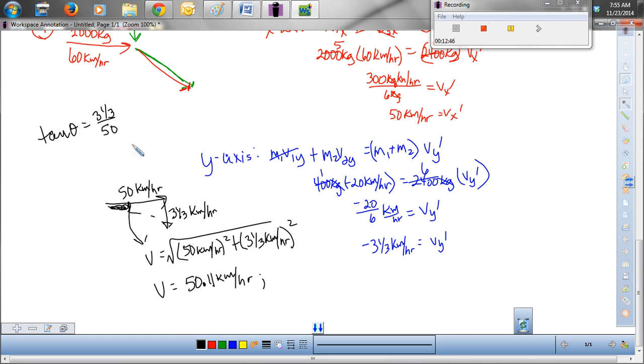Okay, now I got to do tangent to the negative 1 on this calculator. Alright, not seeing it on this calculator, so you're going to have to figure out your angle on your own. Not a big deal. You can do that.